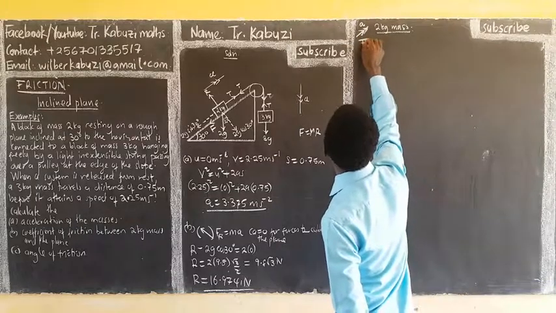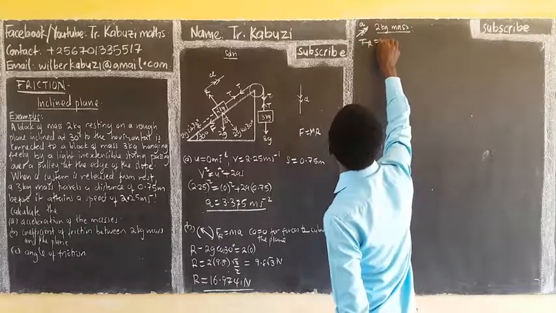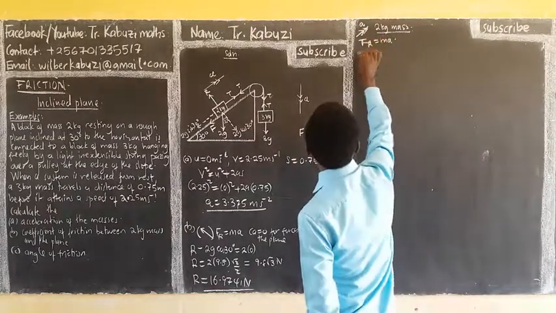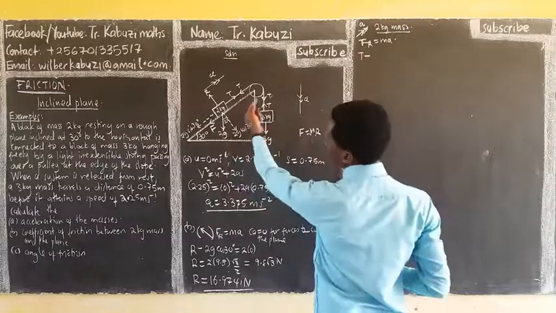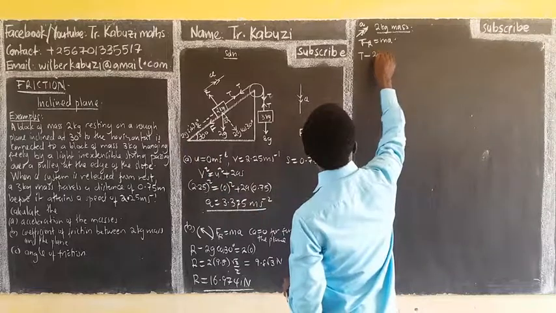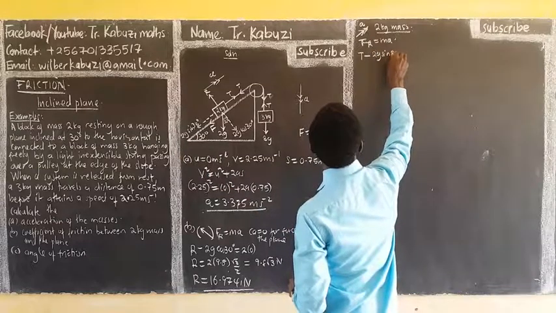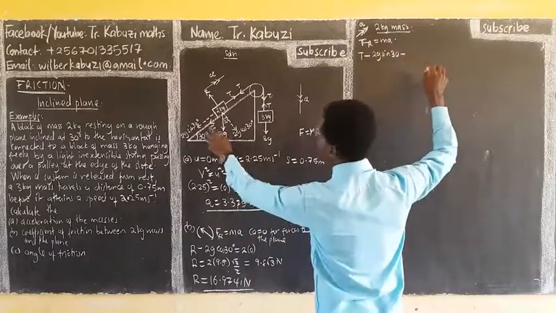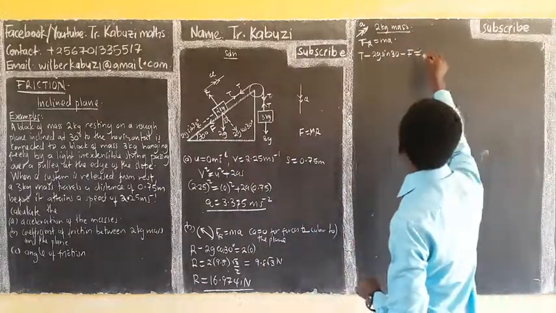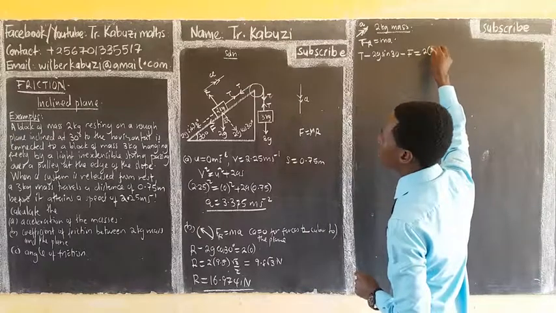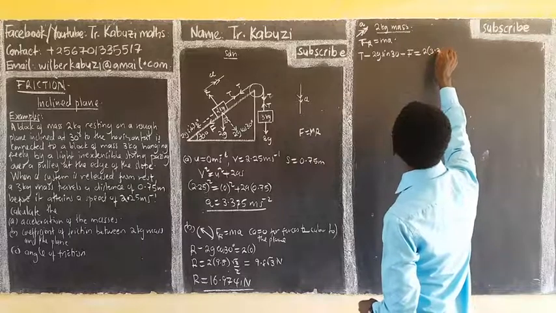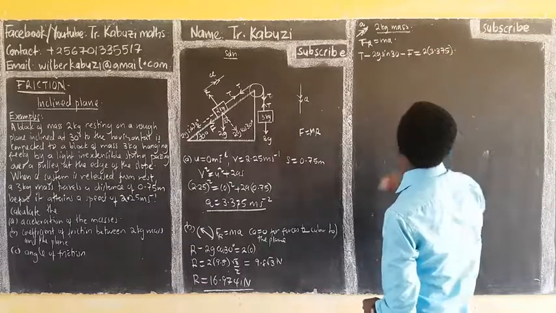We know that what we are using is Fr equal to Ma. So my resultant force is going to be T, which is pushing it up, then minus this force which is opposing, 2g sine 30, then minus also our friction, because it's accelerating, we are going to be having the mass, which is 2, times the acceleration, which is 3.375.